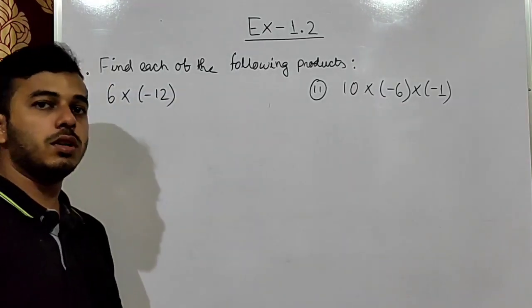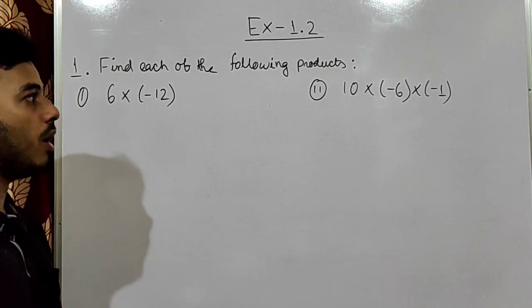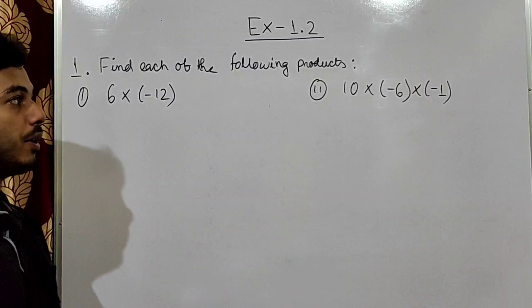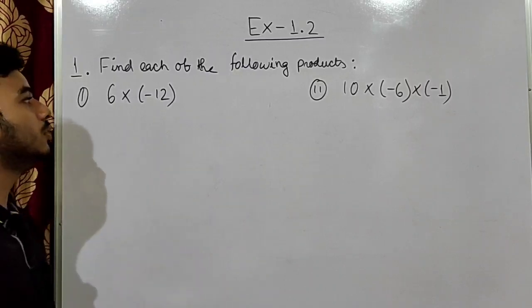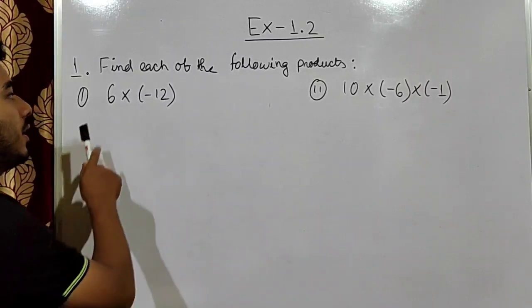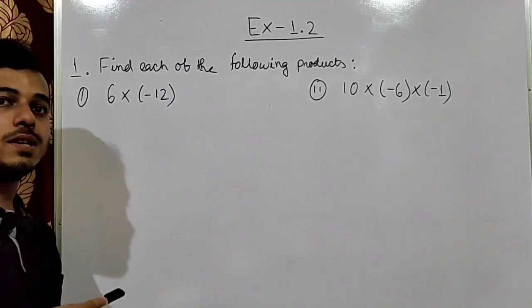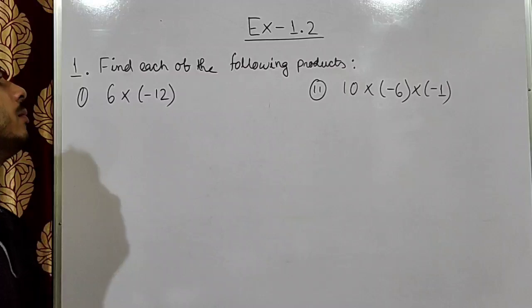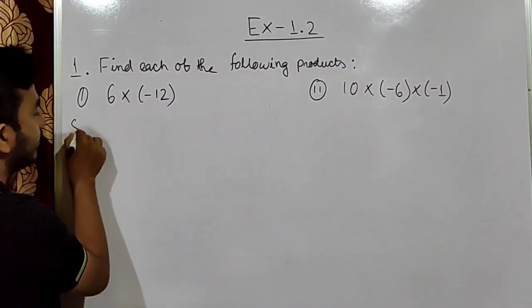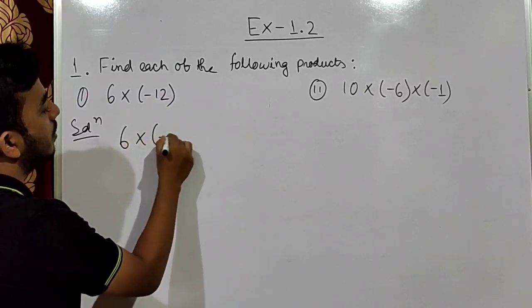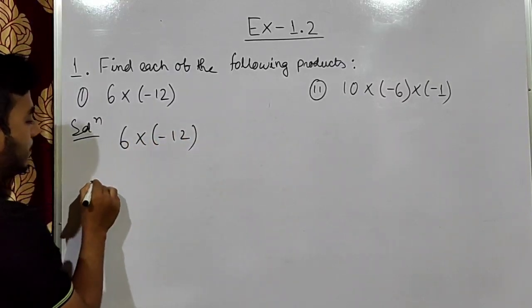So now we are here with the first question of exercise 1.2, and the first question is: find each of the following products. So 6 into minus 12. Look here, one number is positive, another number is negative. So our result will be negative. So let's start. Solution: 6 into minus 12.